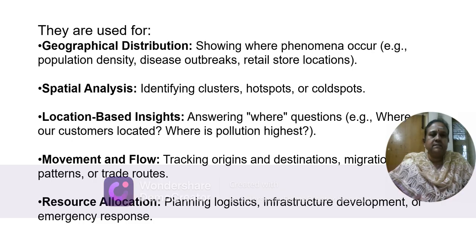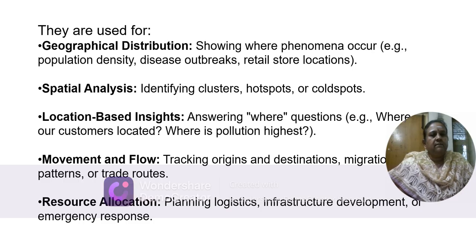And location based insights, as you all know very well about Google Maps, how directions and navigation are provided to us, and how customers plan their travel for transport. Another example is where the pollution is higher in a region of a particular country or continent.